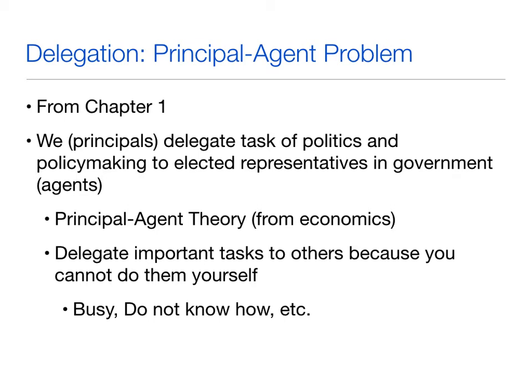This is a time when it took weeks to get from one state to another, sometimes months. So it's going to make it very difficult to monitor your elected representatives. So you're delegating the important tasks of conducting the business of politics and governing that you can't do yourself, but you can't monitor what these folks are doing very easily.